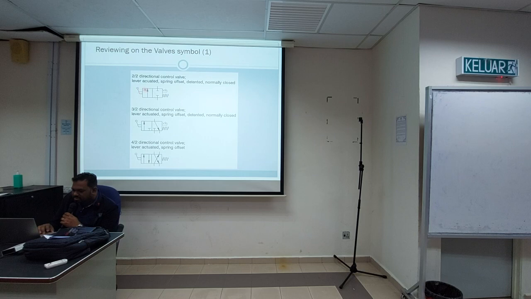Okay, so lever actuated, yang ni adalah spring offset. Okay, detended yang maksudnya ada level tu. Kemudian normally close. Normally close, so initially no connection lah. Okay, so yang ni 3/2 sebab ada 3 port. Okay, dalam satu kotak and ada 2 kotak.